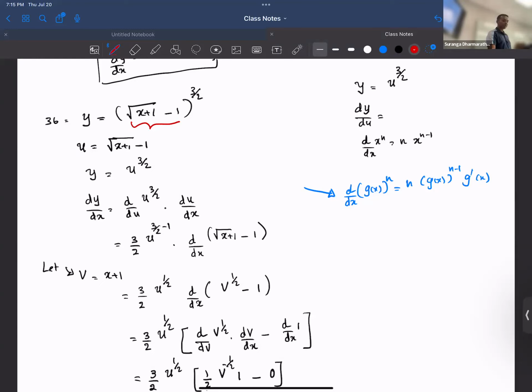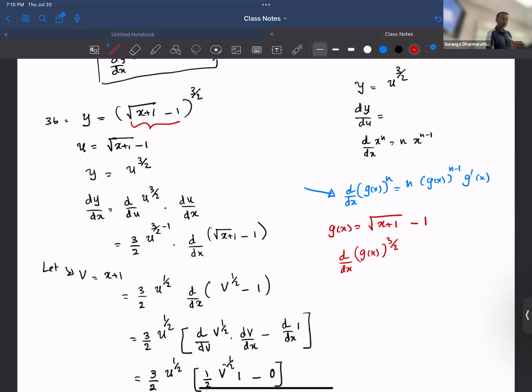So if you assume g of x is equal, it's like you do the u, right? And then you have d over dx g of x to the power 3 halves.